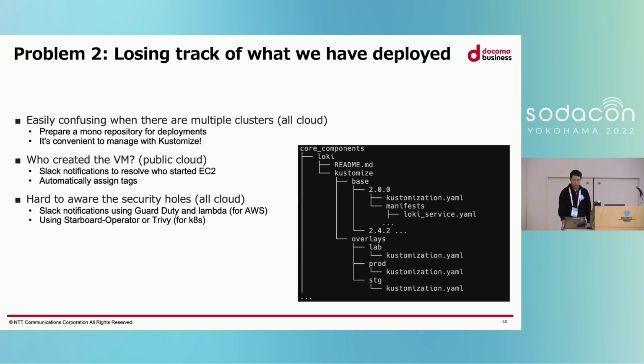The last problem was that we did not realize there was a security hole. This one was solved with Slack notification using GuardDuty and Lambda. If you are using Kubernetes, using Starboard Operator and Trivy for periodic image scans would also be helpful.